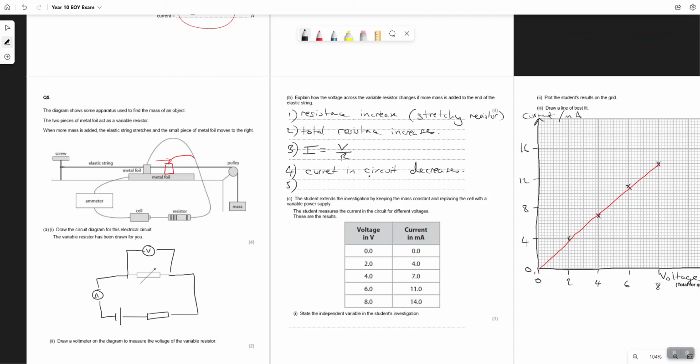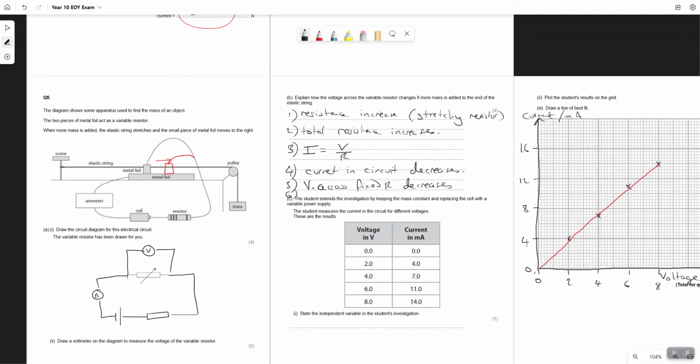So if the current in circuit is decreased, the voltage across the fixed resistor must decrease because this has a fixed value of resistance, say 10 ohms. So V across the fixed resistor decreases.